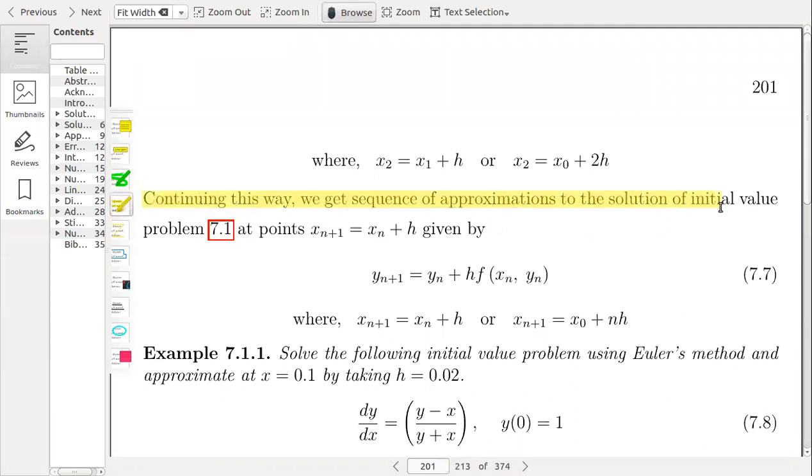Okay, this one, 7.1, at the point xn plus 1 equal to xn plus h, is given by the following.